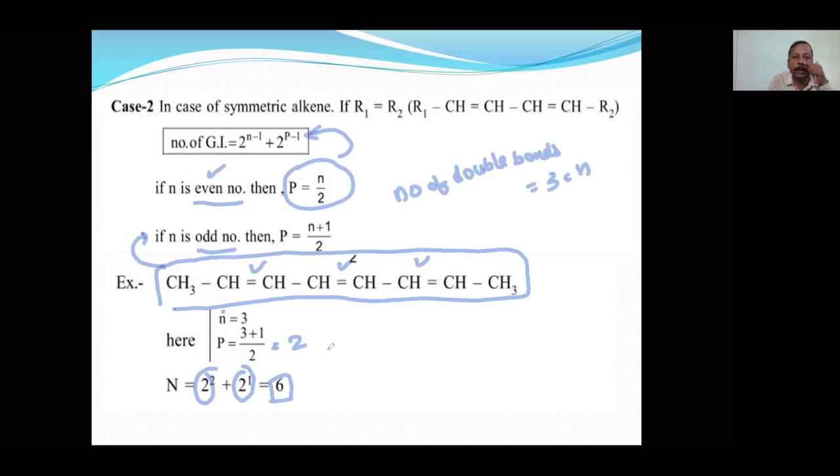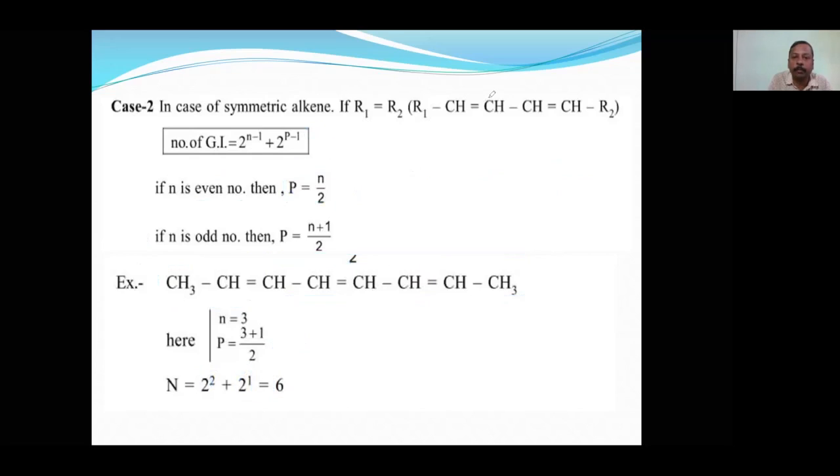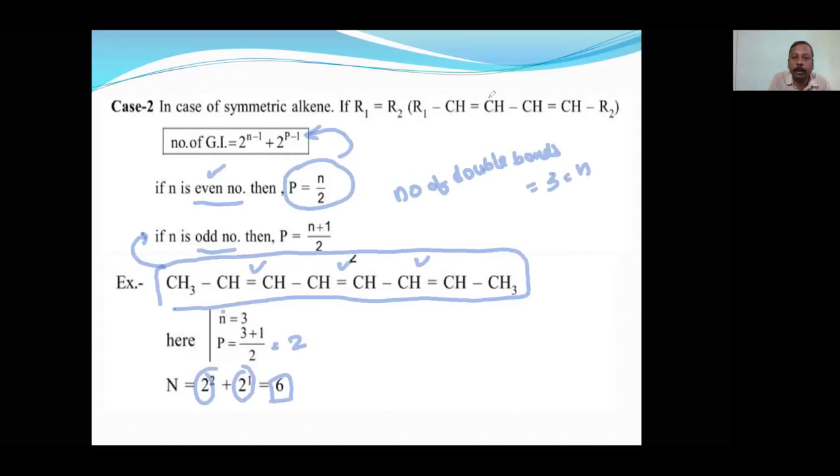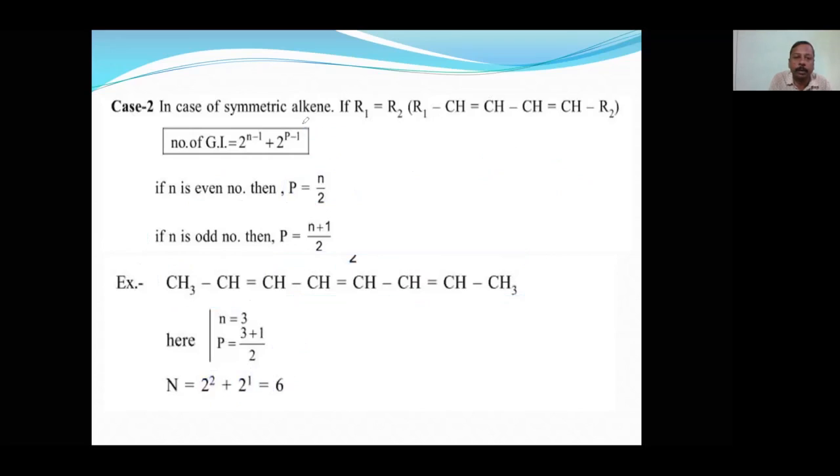So the number of geometrical isomers will be 6. If you practice more and more questions based upon this, then automatically you will remember this formula. I think these shortcut formulas will be very helpful to you so that you can directly attempt the integer type questions according to the recent examination pattern.